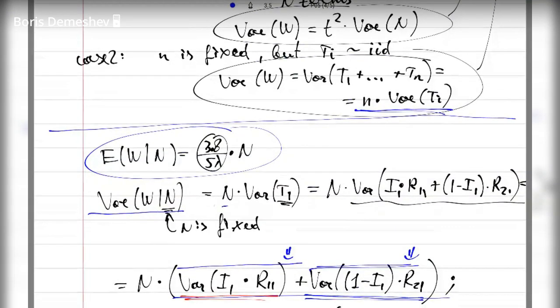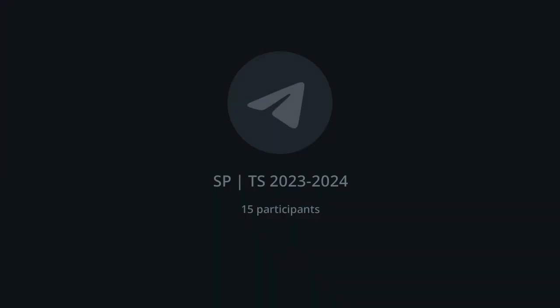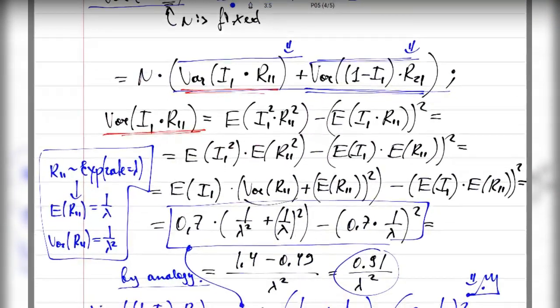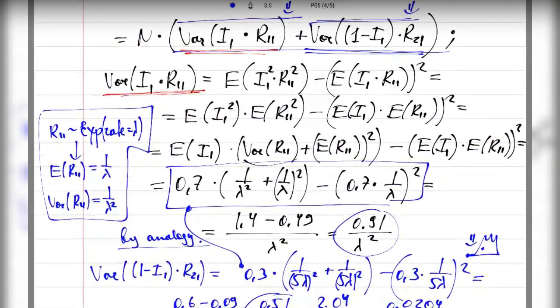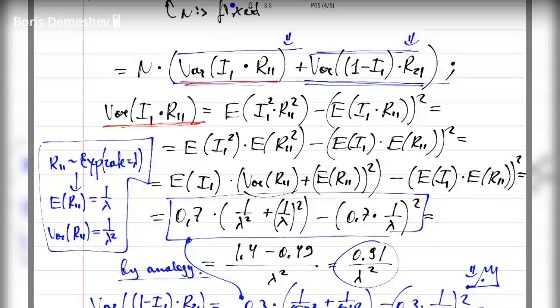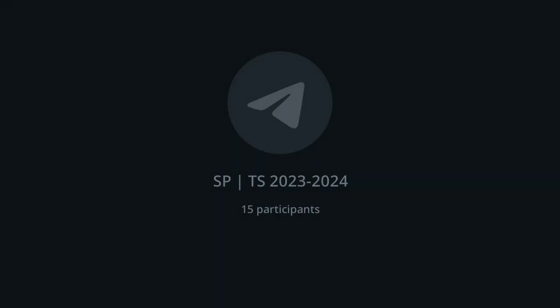If you fix N, that's N times the variance of every term, but every term has two sources of variance inside. So we calculate the variance of every term, the random time you need to answer a question, which may be distributed exponentially with rate lambda, or exponentially with rate 5 lambda. And hence, it's a little bit tough to calculate its variance, but we have done it.